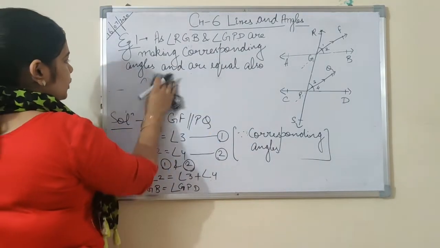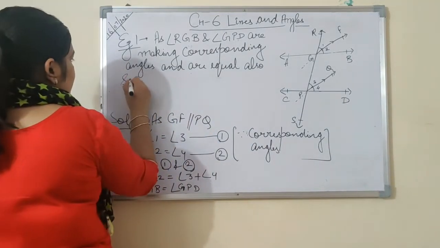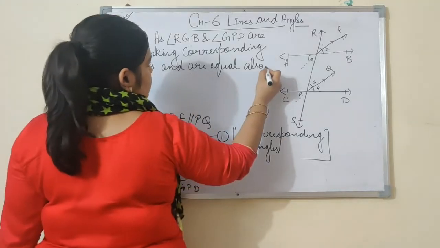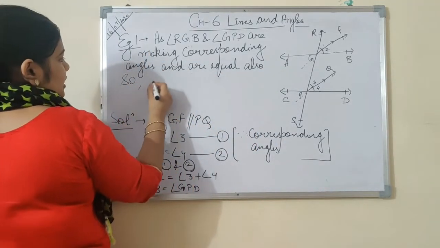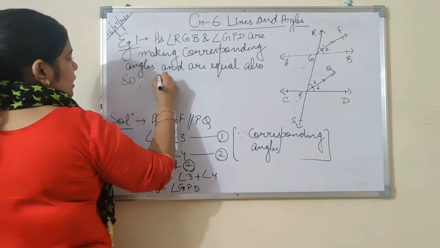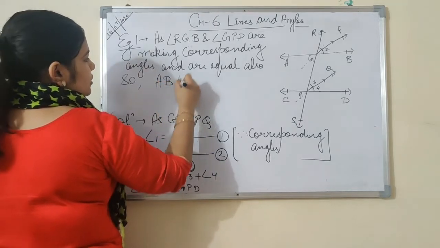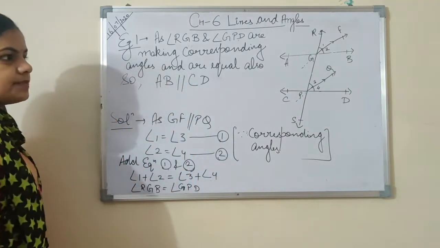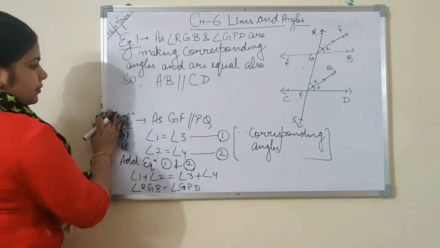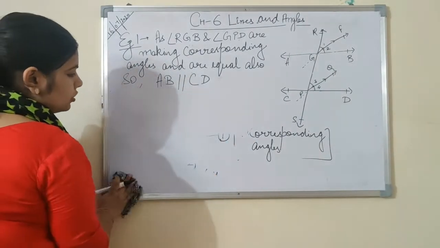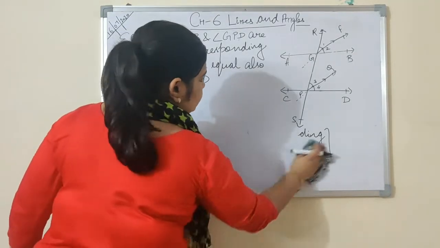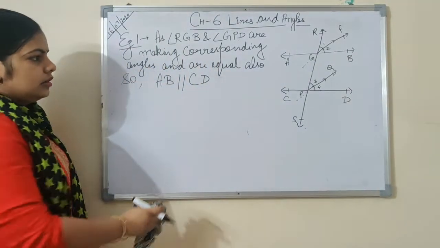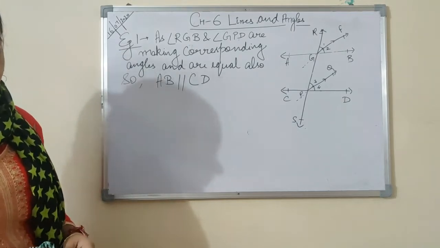So, we can say that AB is parallel to CD. Is this clear? AB is parallel to CD. So this is what we needed to prove. So this was our proof for this question.